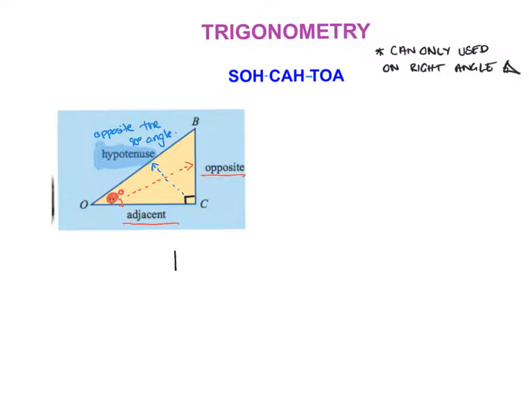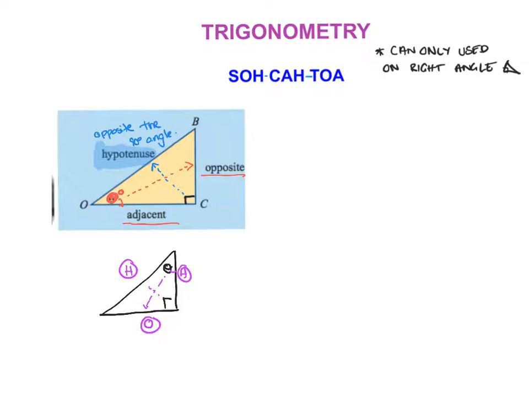Say, for example, I draw another right angled triangle and this is the angle we're talking about. First, this would be my hypotenuse. This one would be opposite the angle, and the one next to it is adjacent.